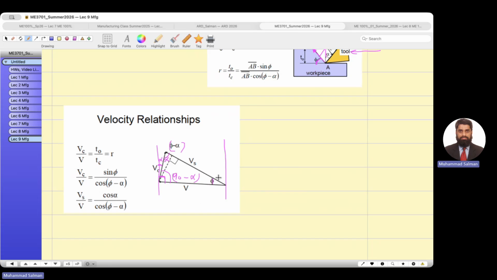Now this x, you can find out, look: 180 minus (90 minus alpha) plus phi plus x. Agreed? So you can write down 90 plus alpha minus phi plus x equals 0, or x equals... Did I make a mistake here?